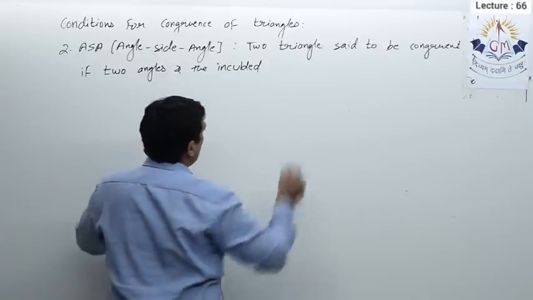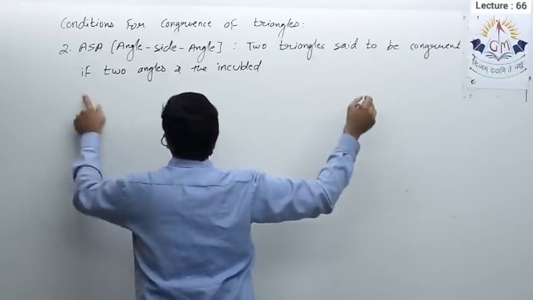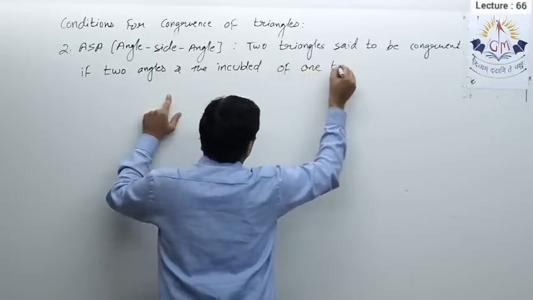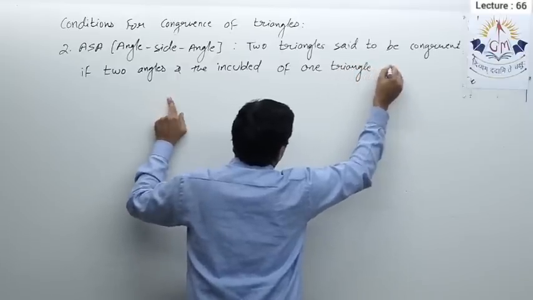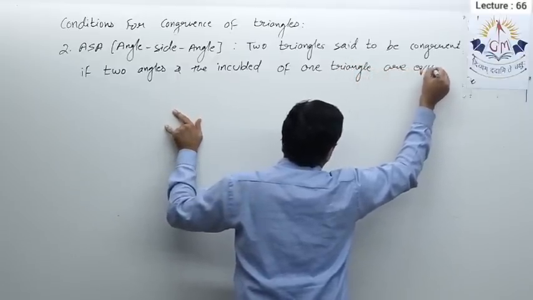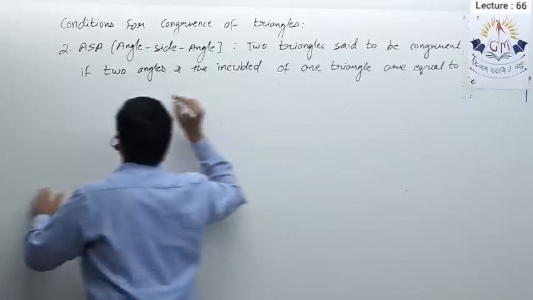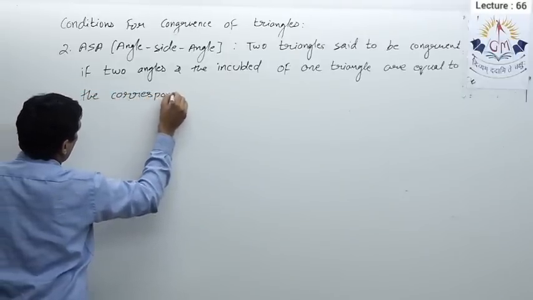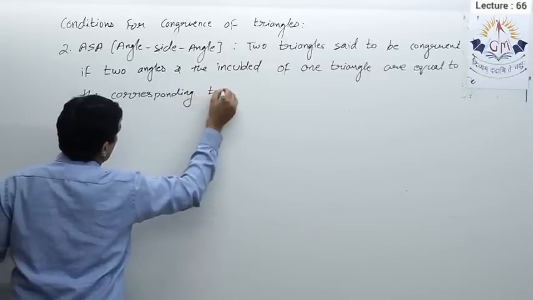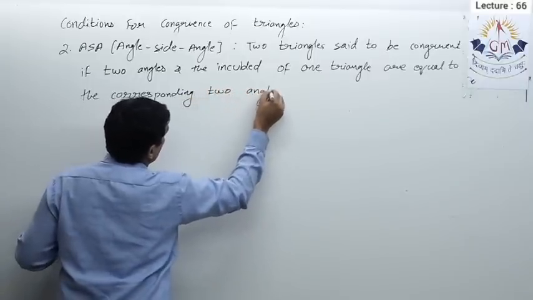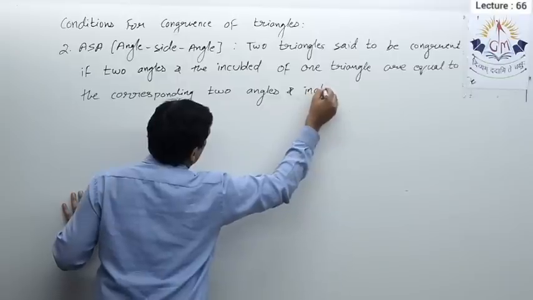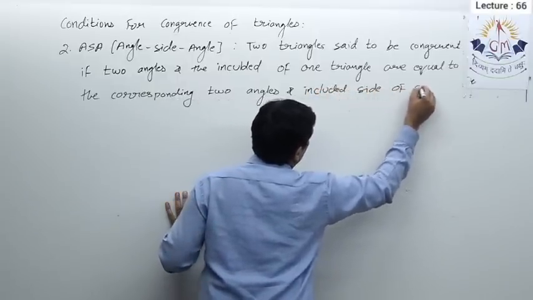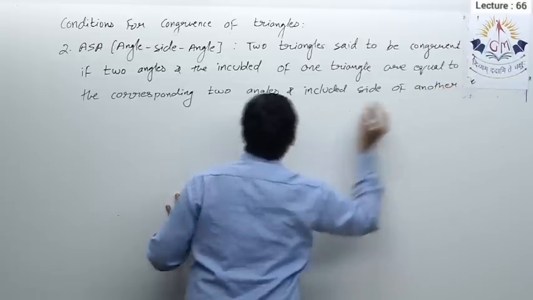Two triangles are said to be congruent if two angles and the included side of one triangle are equal to the corresponding two angles and included side of another triangle.